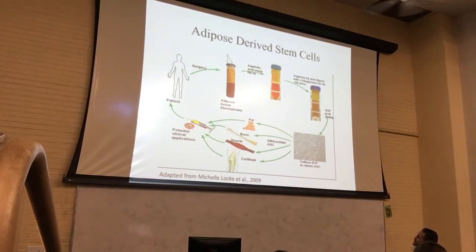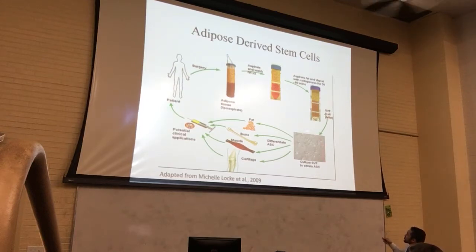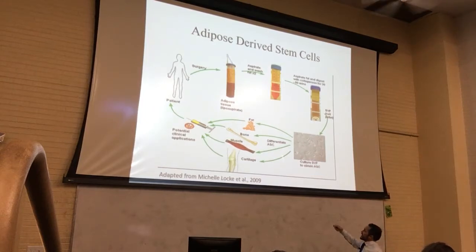So here's the patient donating the fat tissue that's adipose-derived. You do an aspiration and a wash, you centrifuge, you harvest the stromal vascular fraction, okay, from that centrifugation. You grow that out, and in the stromal vascular fraction are a population of adult-derived stem cells that have all these different types of cells they can become.